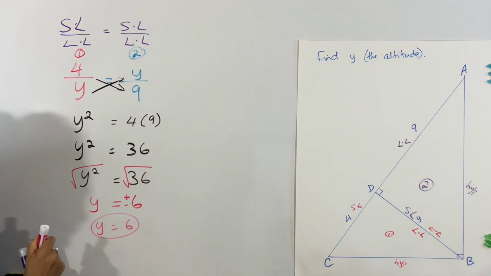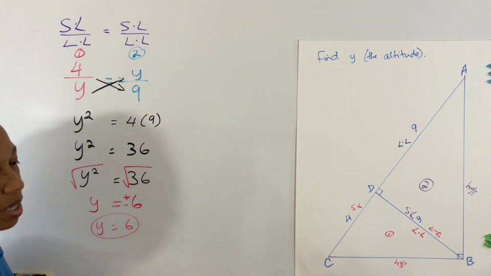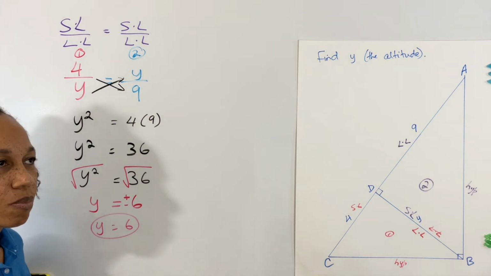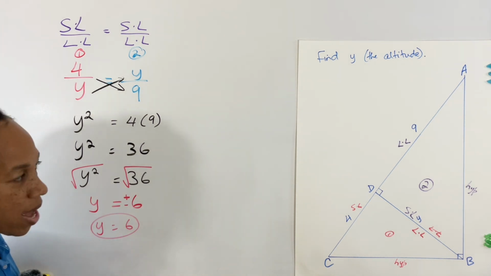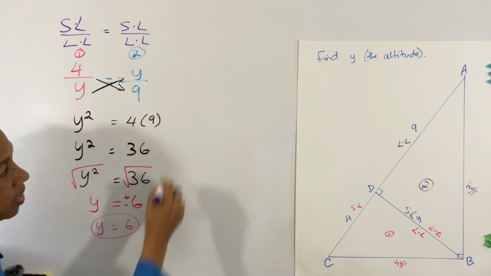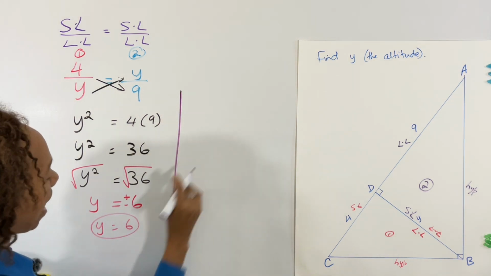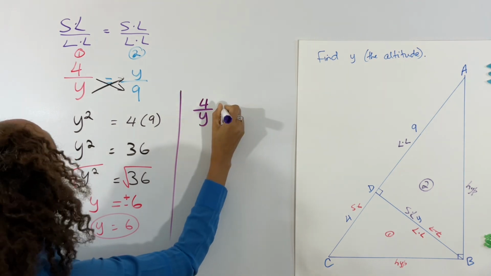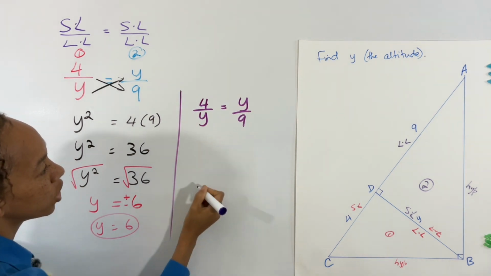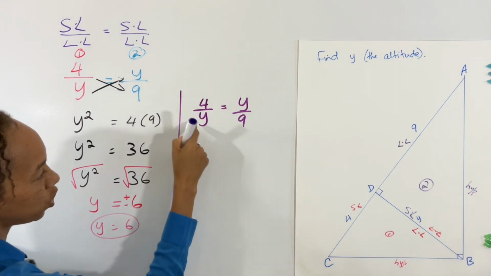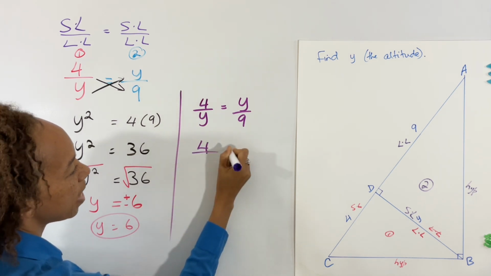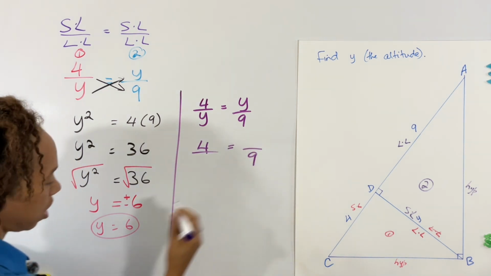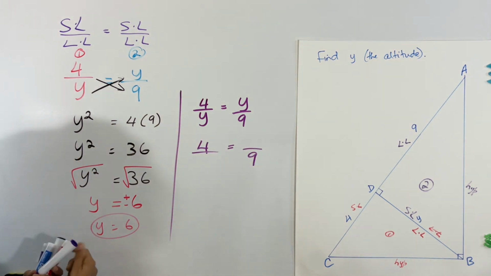And you can test this, because I always tell my students, when you get an answer, check your answer. The way we check our answer is that we now have y equal to 6. So we are going to rewrite our proportion, and we are going to substitute what we have for y, which is 6.